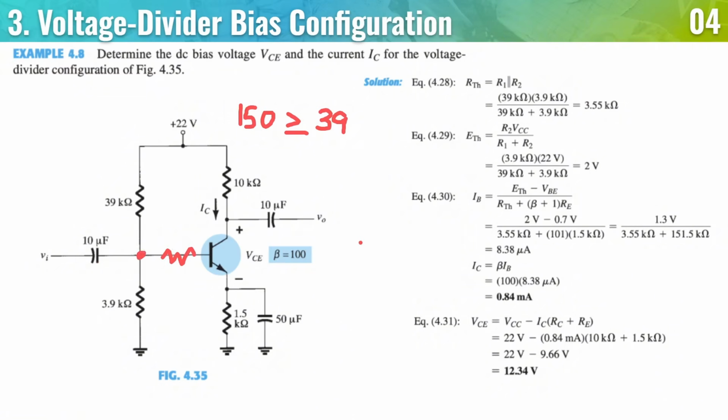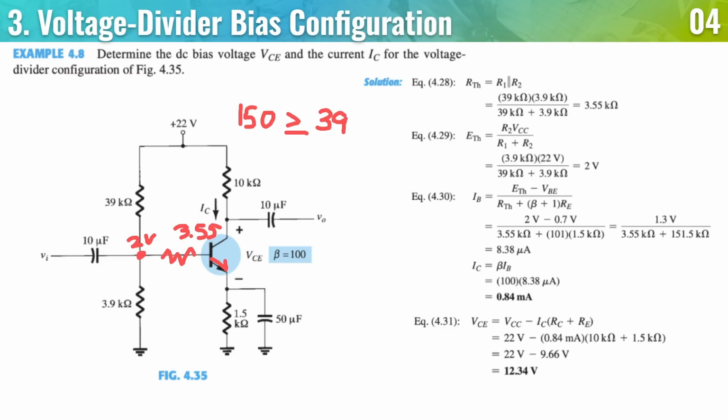It's basically what happens when we apply the voltage divider rule to VCC. So 22 times 3.9 kilo ohms over 39 plus 3.9 kilo ohms. That's going to equal 2 volts. So if this is 2 volts and this is 3.55 kilo ohms, we can now compute for IB.